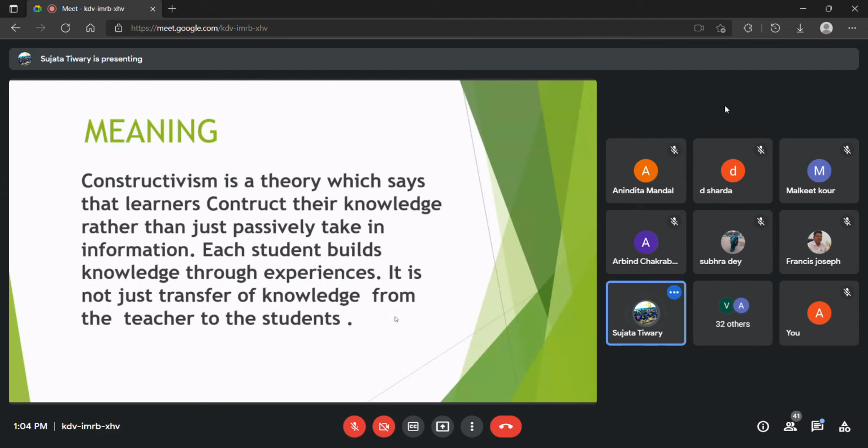Since here the knowledge is constructed by the students, each student builds knowledge through experiences. So it is his or her experience. It is not just the transfer of knowledge from the teacher to the students.